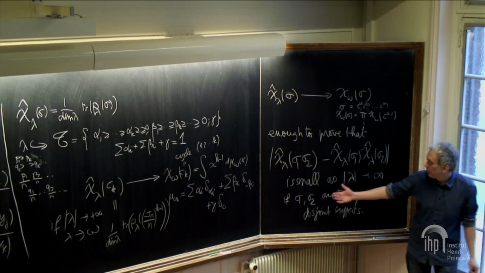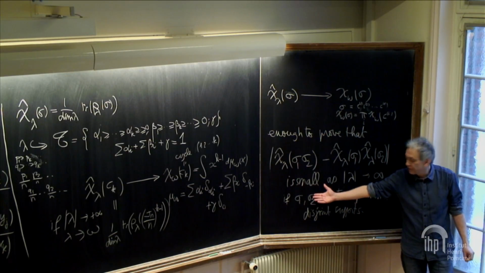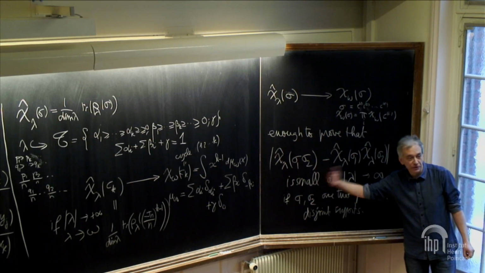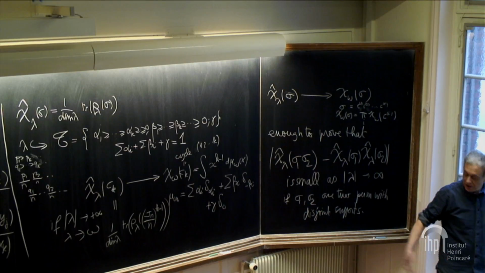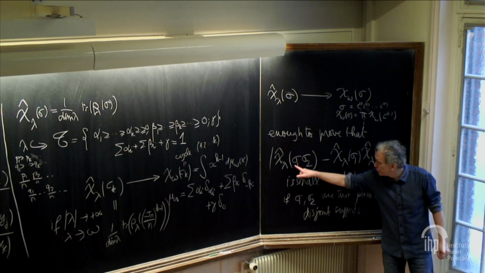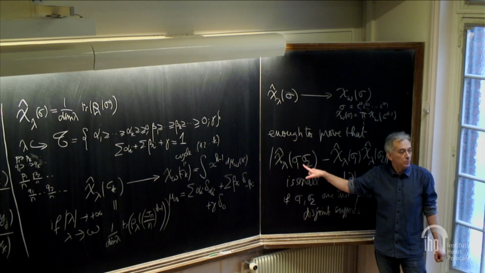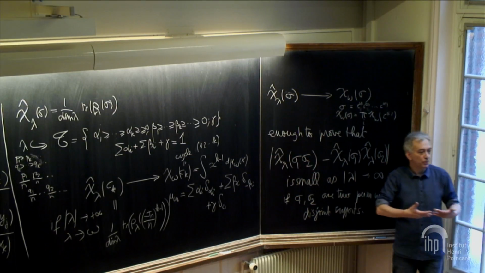By the support of the permutation, I mean the points which are not fixed by the permutation. Okay, we consider them as elements of S infinity. So what I do is I fix two permutations, sigma 1 and sigma 2, which have disjoint support.